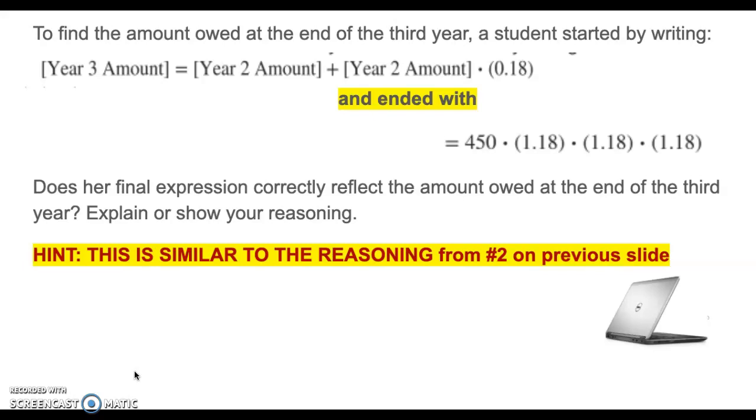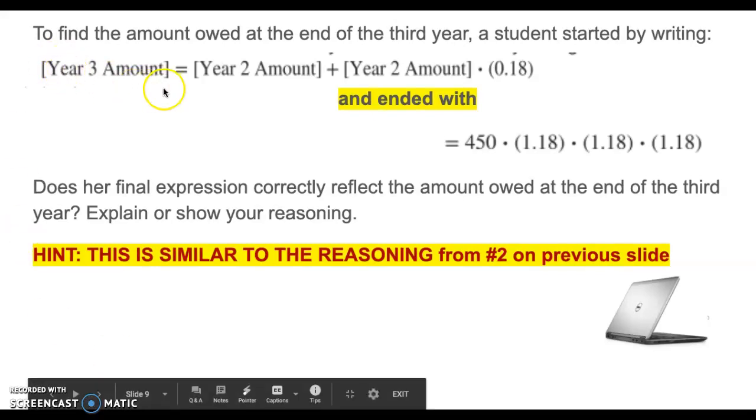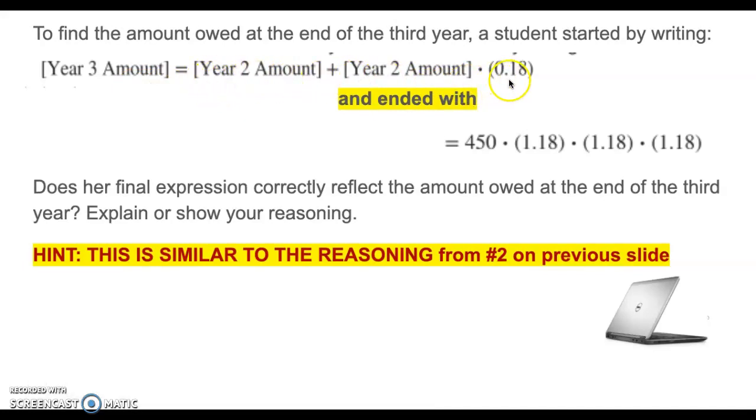To find the amount owed at the end of the third year, students started by writing this. The year 3 amount equals the year 2 amount plus the year 2 amount times the 18% interest. And they ended with this: 450 times 1 and 18 hundredths times 1 and 18 hundredths times 1 and 18 hundredths. So does her final expression correctly reflect the amount owed at the end of the third year?